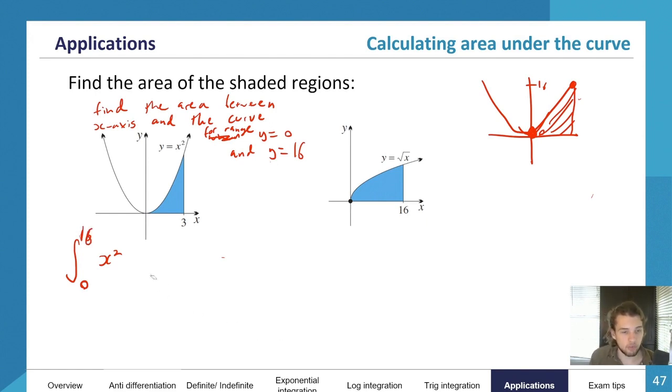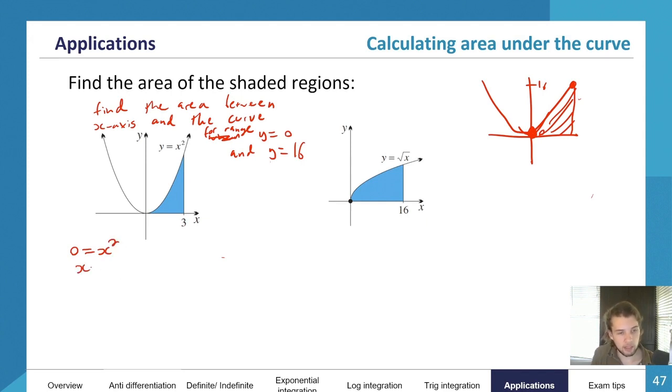Instead, we want to look for the range y is equal to 0 and y is equal to 16, to find the area under the curve between the points where y is equal to 0 and y is equal to 16. So then we just have to convert. What are the x values when y is equal to 0 and y is equal to 16? So we say 0 equals x squared.